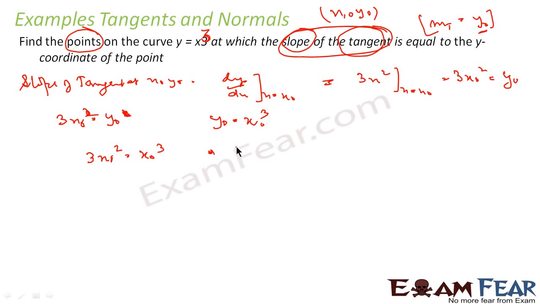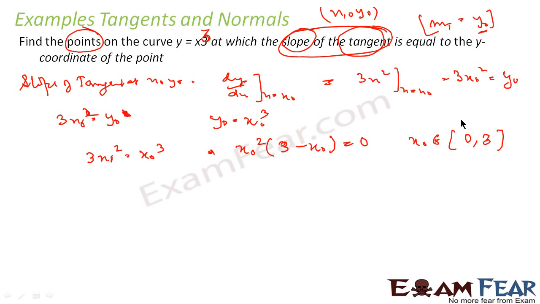I'll take x naught square common, so this becomes x naught square into (3 minus x naught) is equal to 0. With this, the value of x naught will be either 0 or 3. So I have two possible values of x naught where this condition is true.